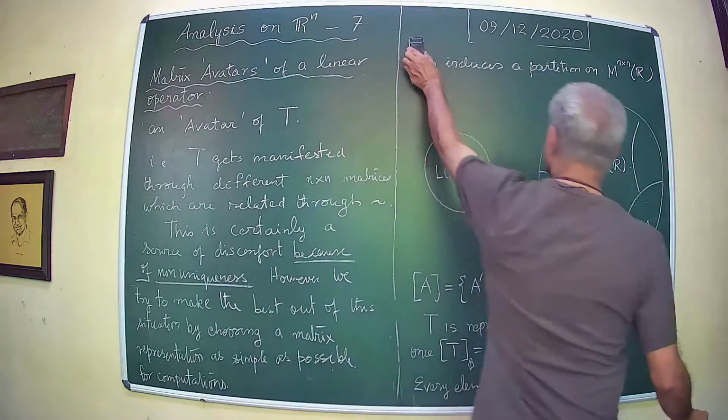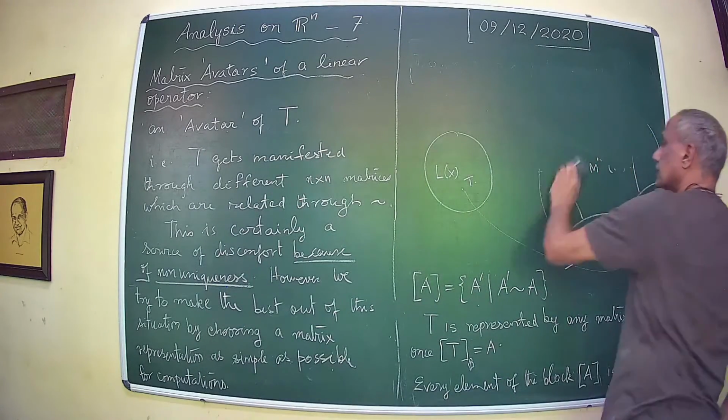In this context, what happens is that which matrix is the simplest?